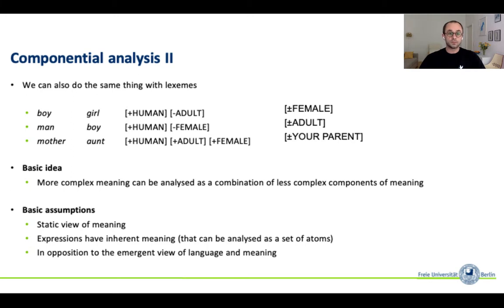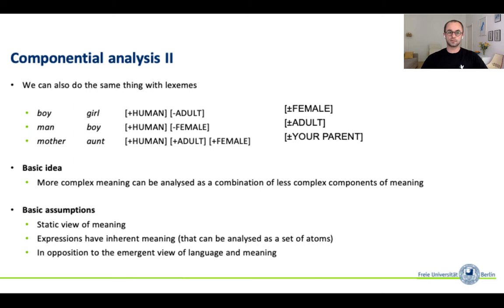We also assume that expressions have their inherent meaning that can be analyzed as a set of semantic atoms. By inherent meaning, what we mean is that you can tell what a word or an expression means without knowing the context.